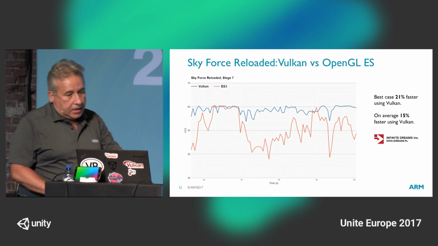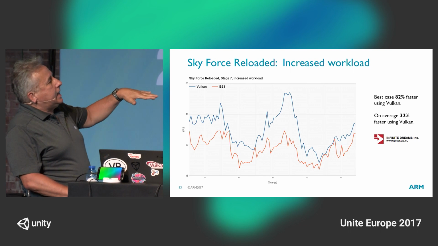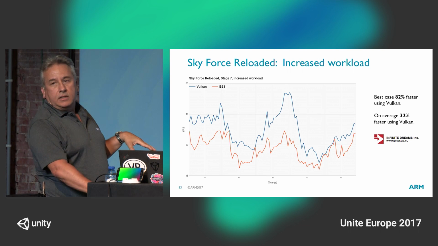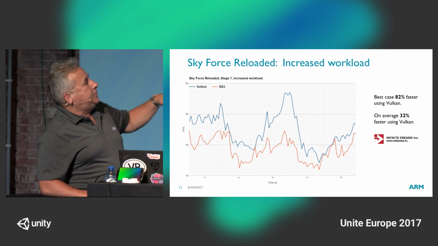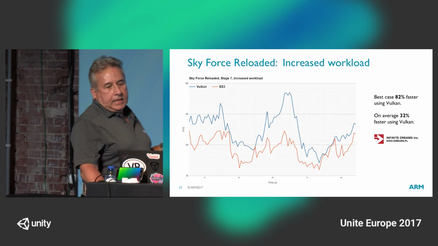And this is what they got. So we can see in this case that, as an average, Vulkan was 32% faster than OpenGL ES, and in some cases, the figure rose up to 82%.